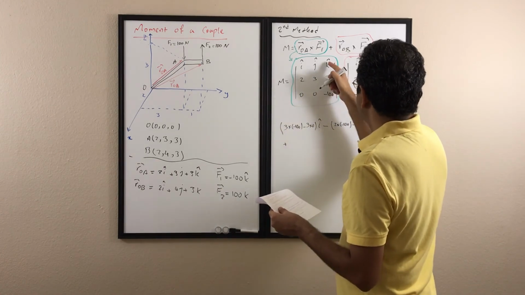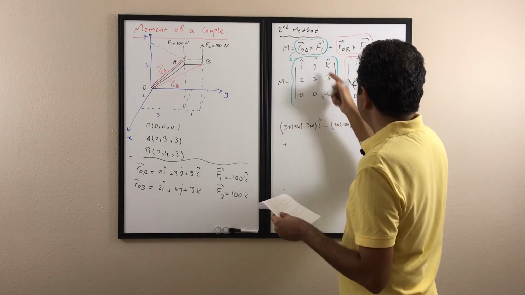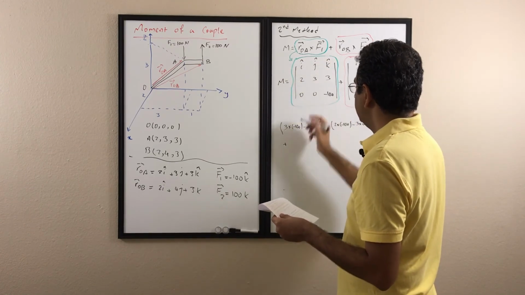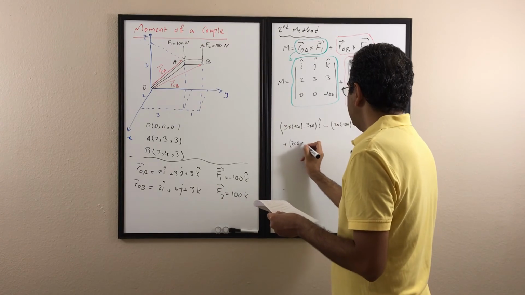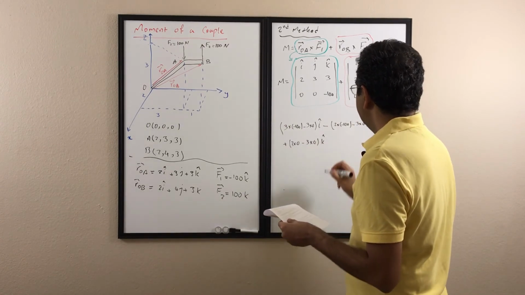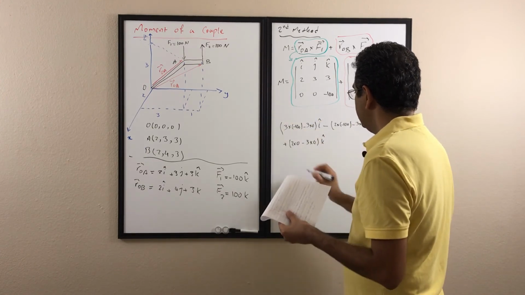Again, I use the k, remove the row and the column that the k is in. So it's 2 times 0 minus 3 times 0, k. So this is the first determinant.